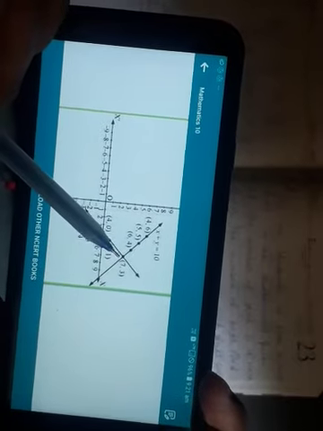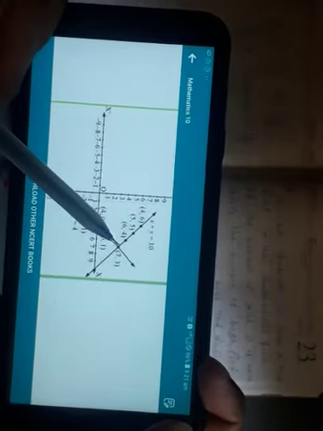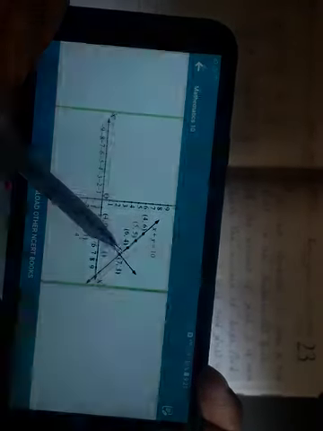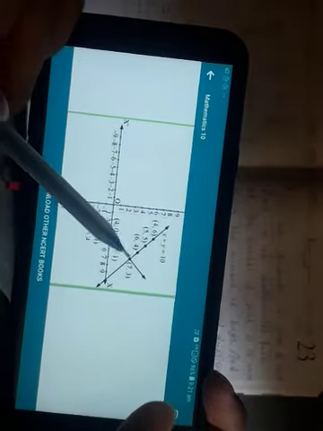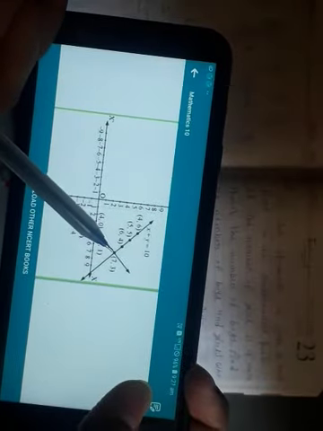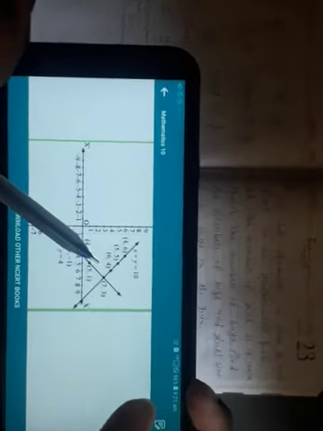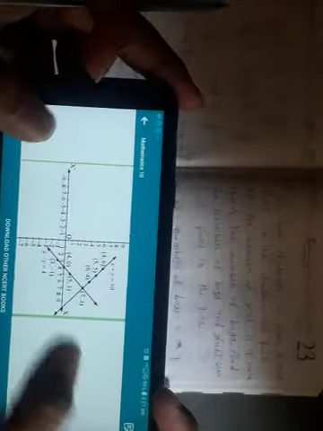See, there is one intersection point, that is the solution of this equation, and the solution is, if I go downside it is 7, if I go left side it is 3, so the answer is (7, 3). So by the help of the graph, by having the intersection point, we can get the answer to the problem. That is how graphically we can solve it. That is the method.